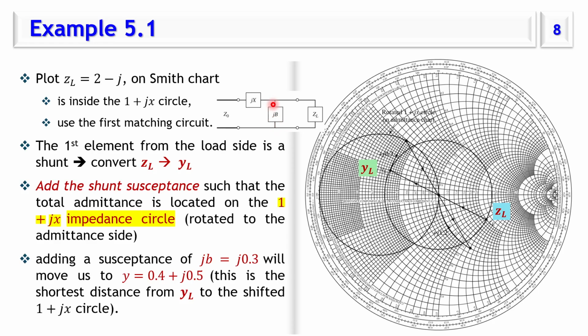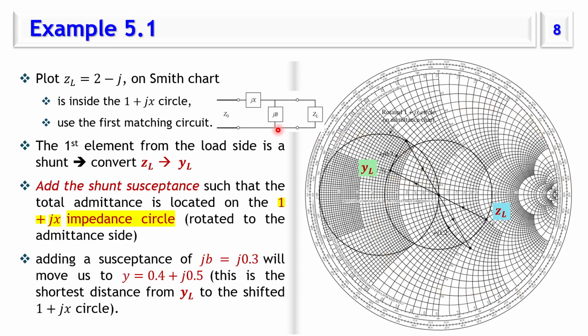So when we add YL plus this load, the real part would be the same. The real part would be on this circle, which is constant real part for admittance, because now we are dealing with this Smith chart as an admittance Smith chart. So adding any reactive element would be like moving on this circle here.